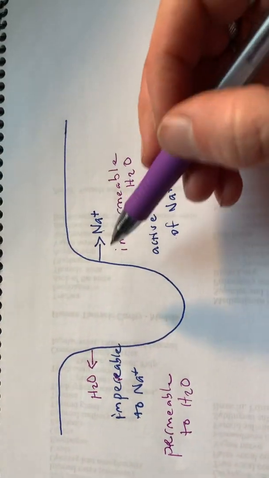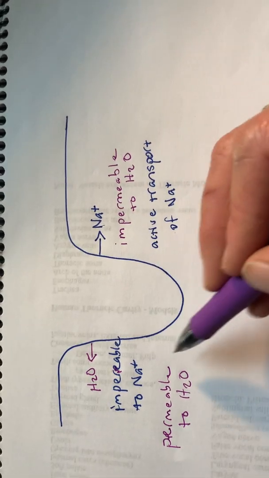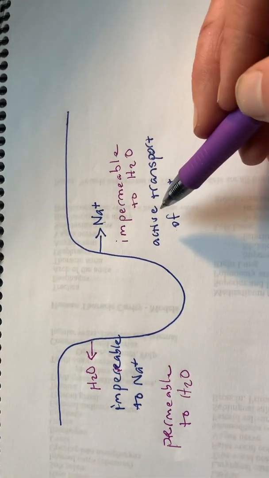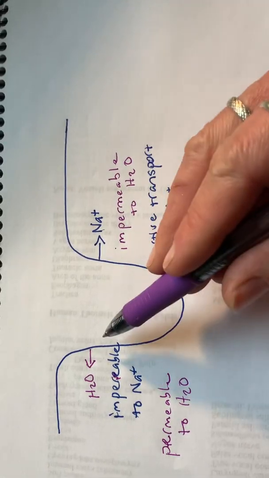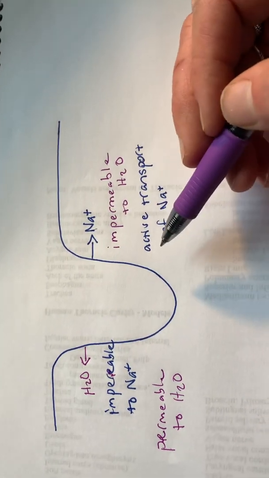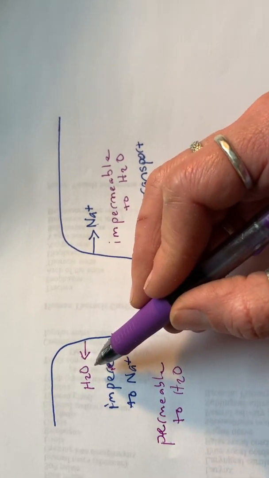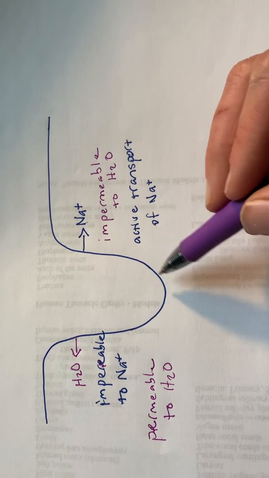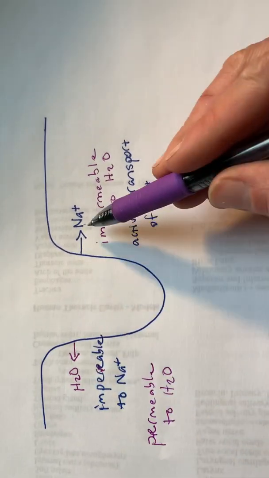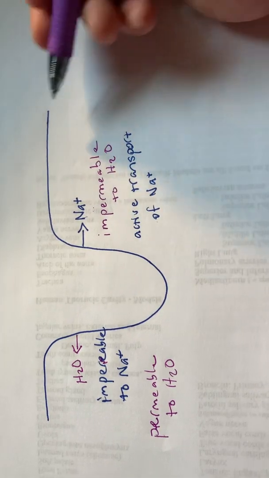Now, if we let the water stay and we let the sodium stay, this outside of the tubule, the interstitial fluid, would kind of cancel each other out. The water would dilute all that sodium. So we're going to get rid of the water by putting it in our peritubular capillaries and taking it away from the loop of Henle. So we take the water away, but we leave the sodium. And that's what establishes our vertical osmotic gradient.